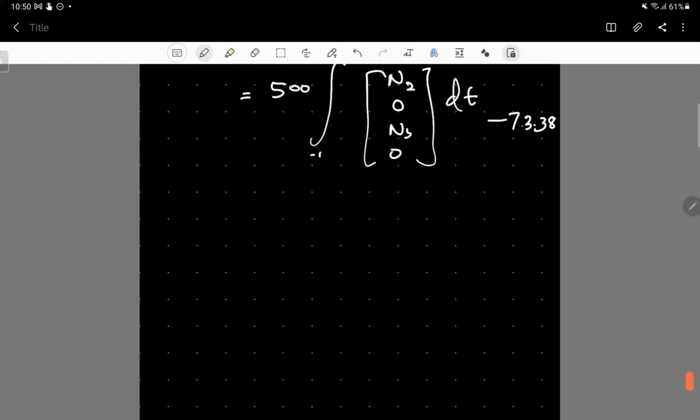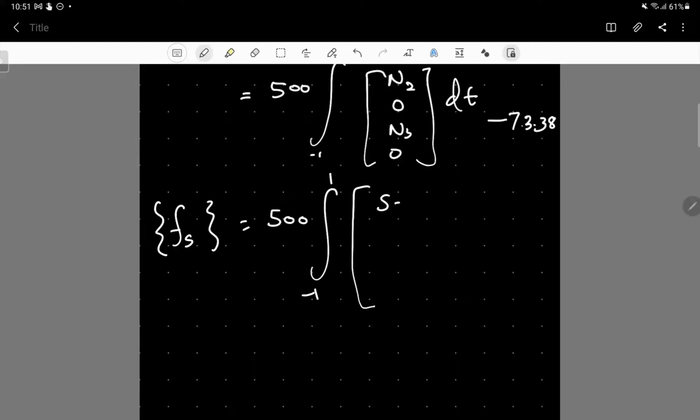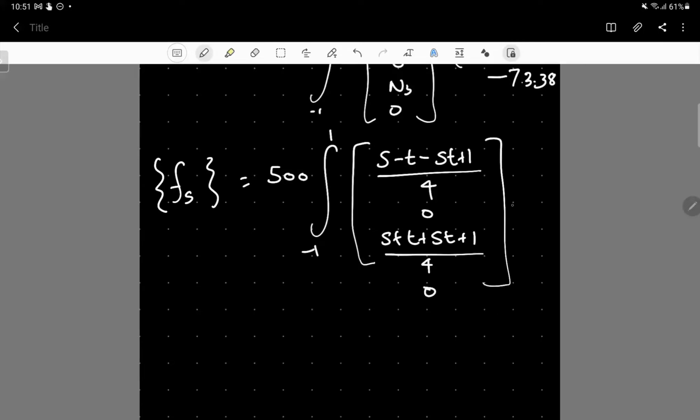What you would get is Fs is equal to 500 times the integration over -1 to 1, where I am now substituting the N2 and N3 values, dt.